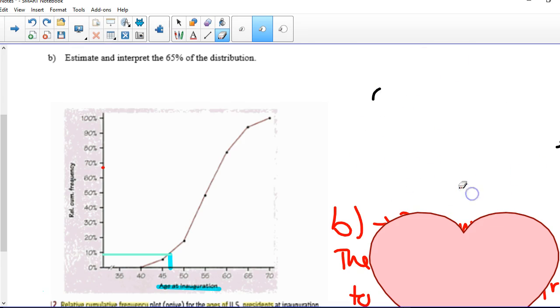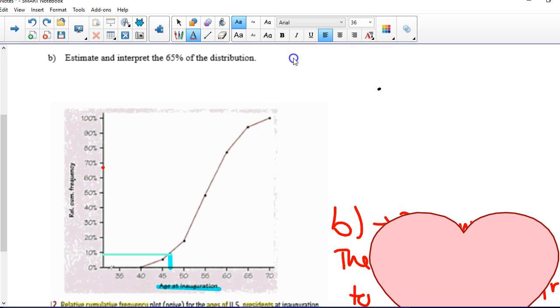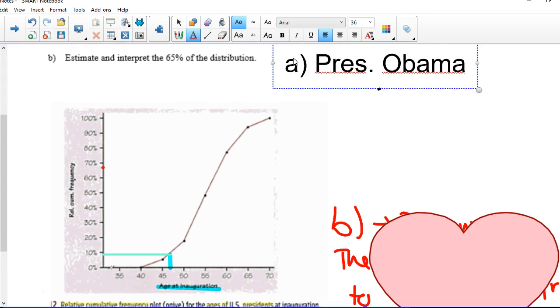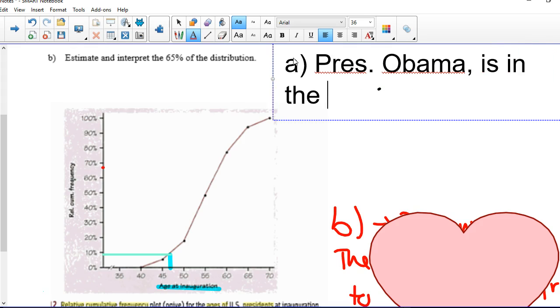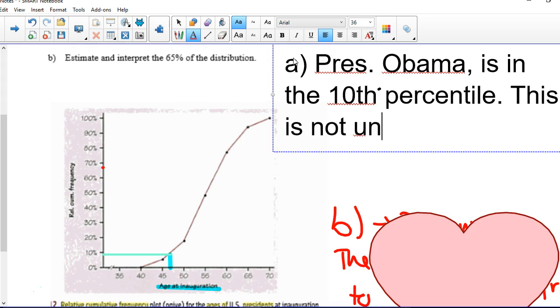Should have done that to begin with. Forgive me. And I'm going to say President Barack Obama is in the 10th percentile. This is not unusually young.